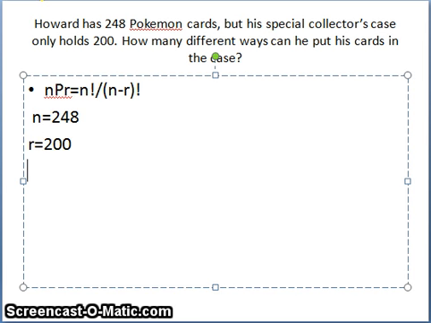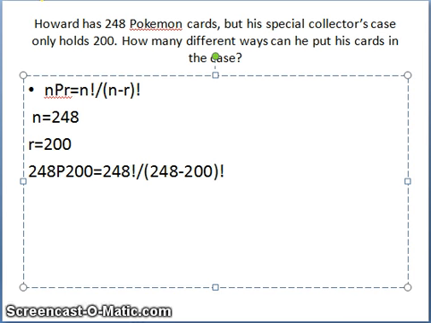So to do 248 permutation 200, I'm going to have to do 248 factorial divided by 248 minus 200 factorial, which is the same thing as to say 248 factorial divided by 48 factorial.